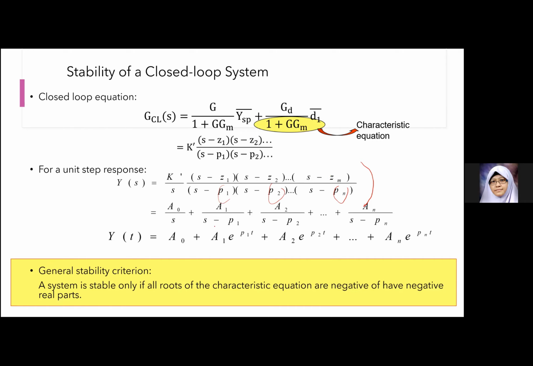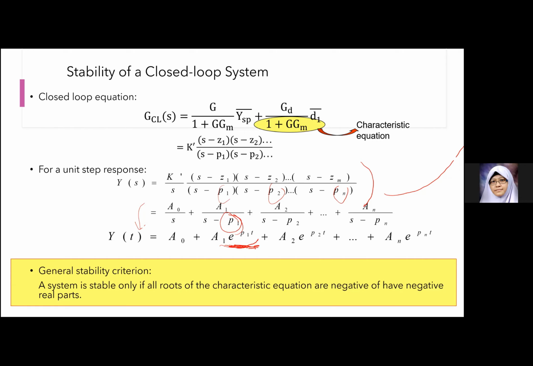So you can see that if you have a pole that is positive, when we change the Laplace domain to the time domain, it will have a positive exponent. So even if it's only one positive root, it will result in one positive exponent. Okay, and finally, this positive exponent will cause the response to go up to infinity.